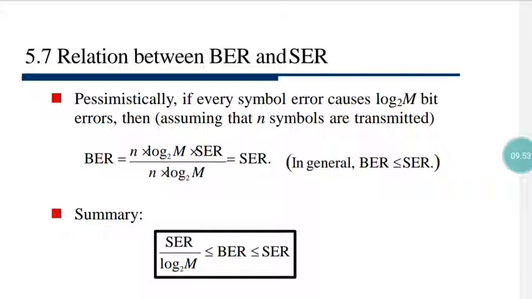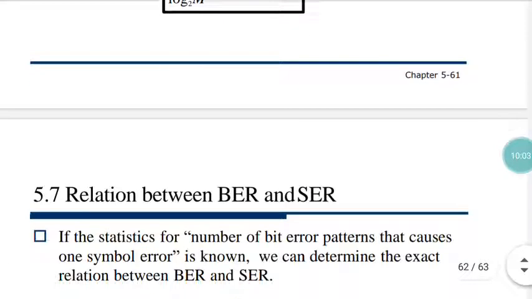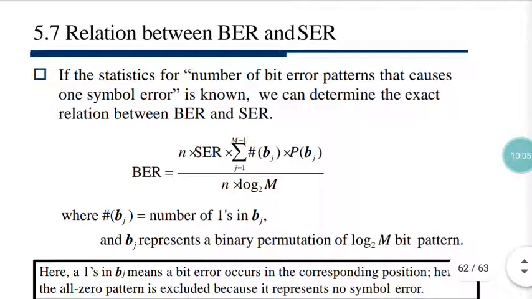So if the error per symbol causes log2 M bit errors, then only BER equals SER, otherwise BER is greater than or equal to SER by log2 M. Now, if the statistics for the number of bit error patterns that cause only one symbol error are known to us, we can determine the exact relation between BER and SER. How?